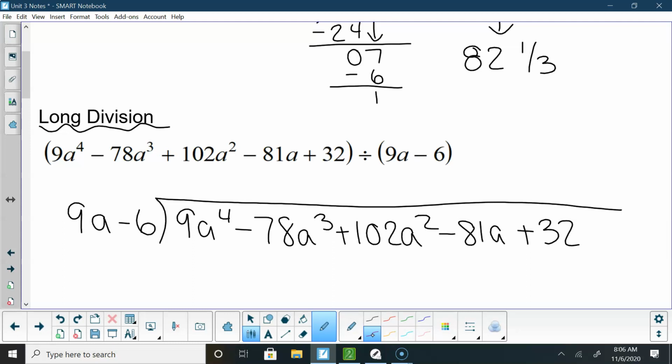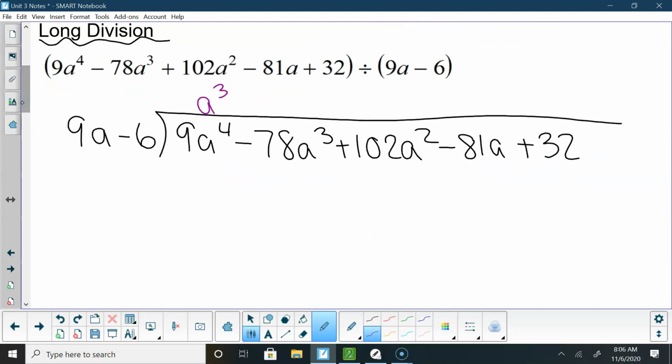This is more important. Alright, so how many 9a's go into 9a to the 4th? Any ideas? Not really. So what I can do to get 9a to be 9a to the fourth is multiply it by a cubed.